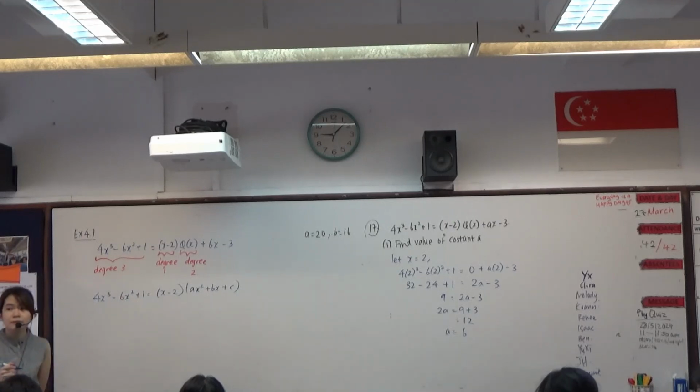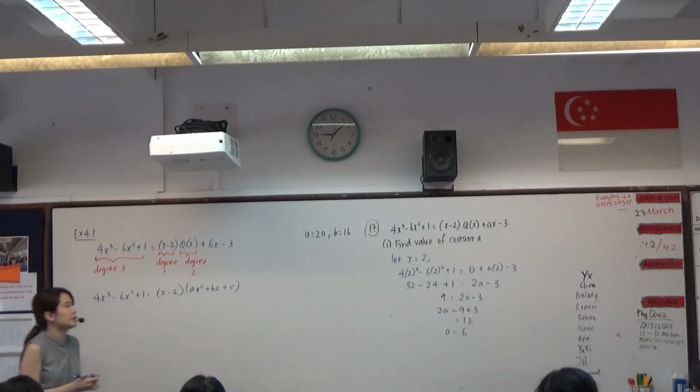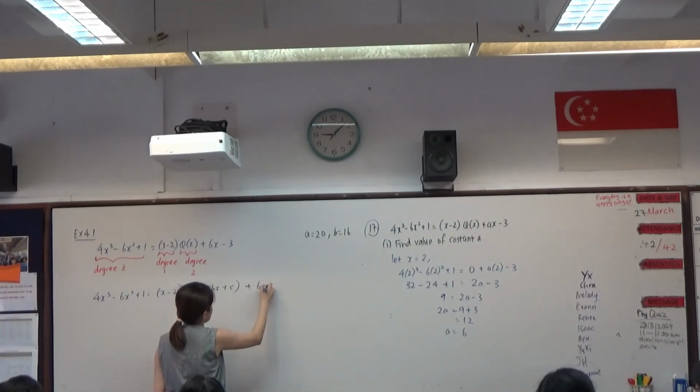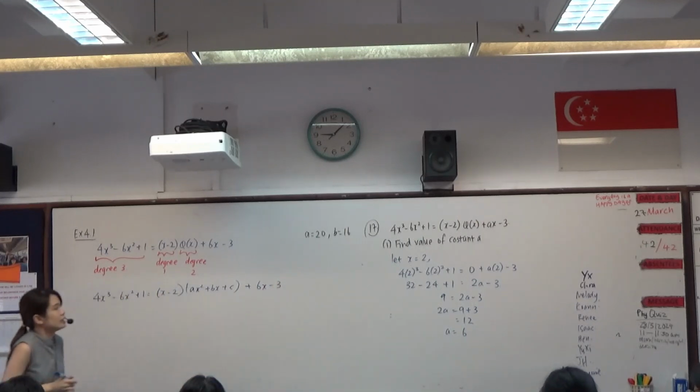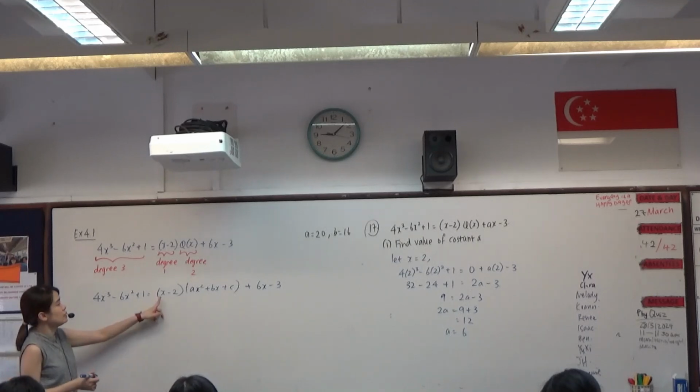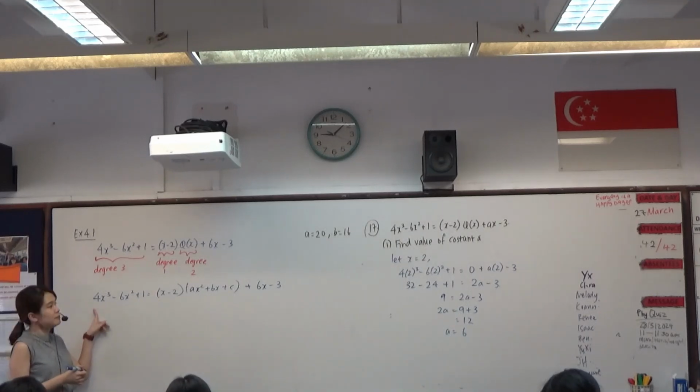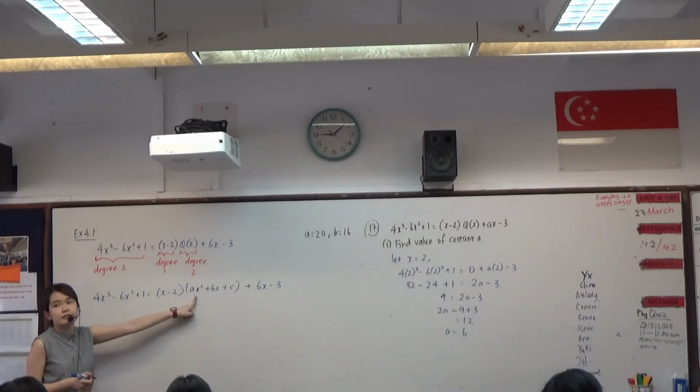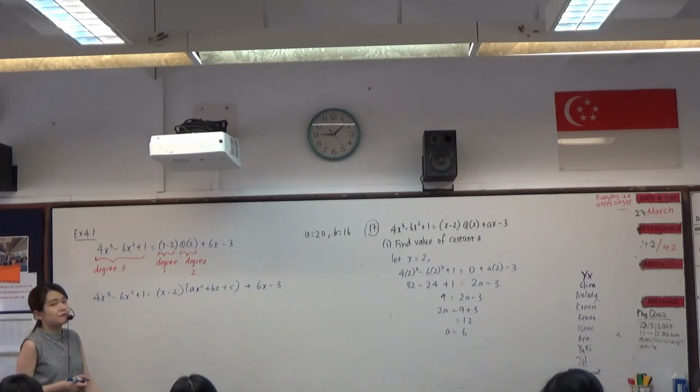Let that polynomial be ax squared plus bx plus c, then after that plus 6x minus 3. Then what you need to do next is to determine the values of a, b, and c. To determine the value of a is easy actually, because in order to get a 4x cubed term, it will have to be x times ax squared. So your a will have to be 4.